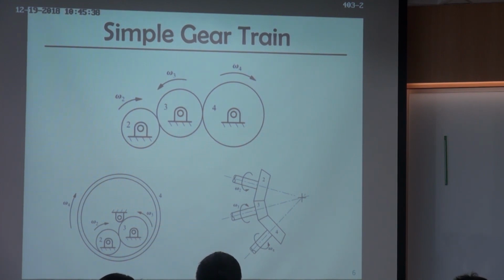So, yeah, we are going to take a look at several different types of gear train. The first one we're going to discuss is the most regular one, multiple external gears. Suppose link 2 is the input and link 4 is the output, then we're trying to find the speed ratio from the input to the output.